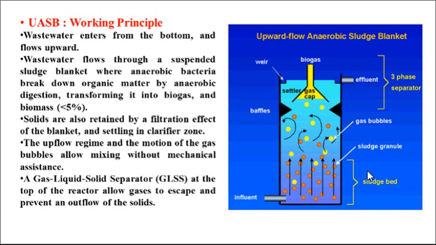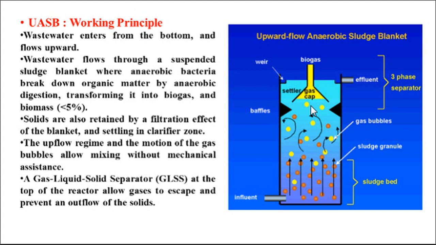So, here the influent enters, this is the sludge bed, and through this sludge bed the wastewater flows, and the treatment of wastewater takes place by anaerobic decomposition. By this method gas bubbles are formed, and those gas bubbles make the mixing of the effluent.